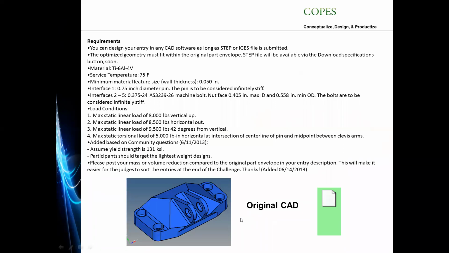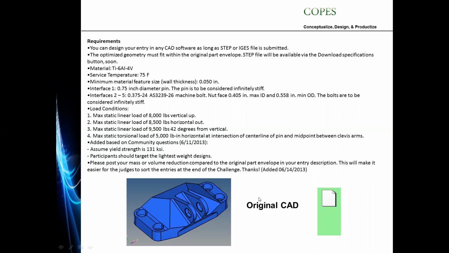Okay, so the requirement was to submit an optimized design of a CAD model, that is a bracket model, which should withstand the entire load. Use the material titanium, aluminum, vanadium, that is Ti6Al4V. The minimum feature size, the thickness, should be a minimum of 0.05 inch.